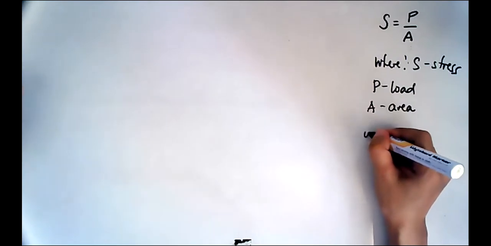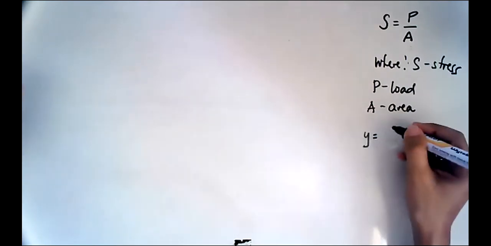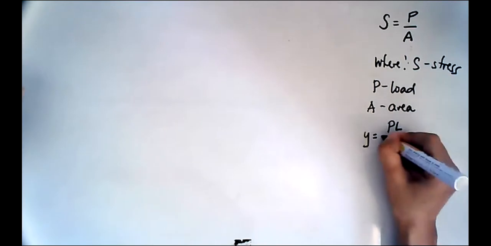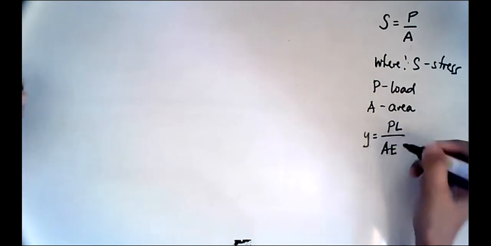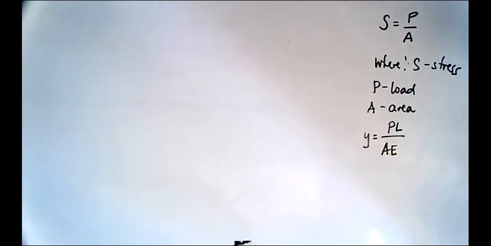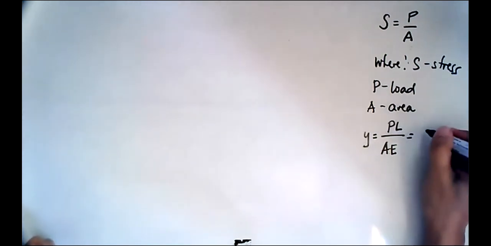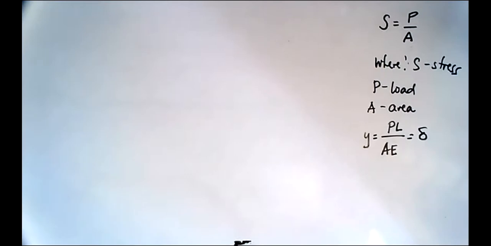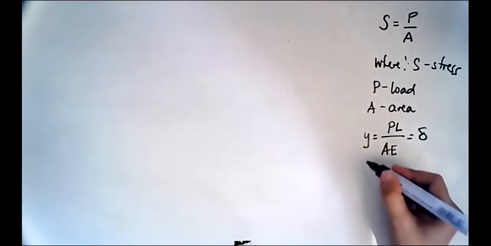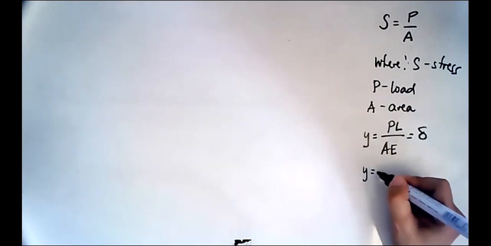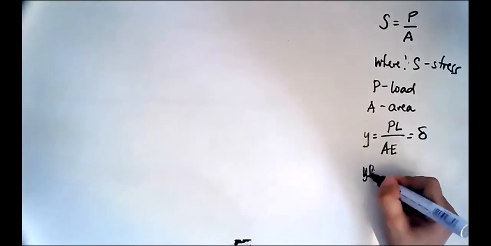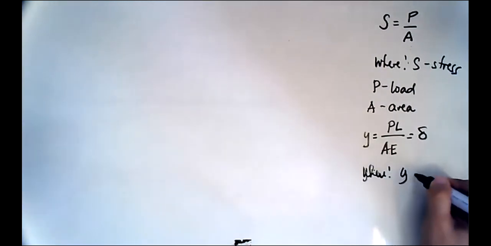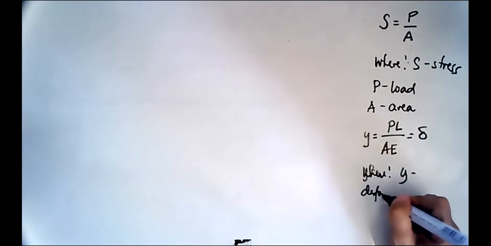Another formula that we can have is delta equals PL over AE. Sometimes, the symbol that we use here is that symbol, wherein this delta is the deformation.